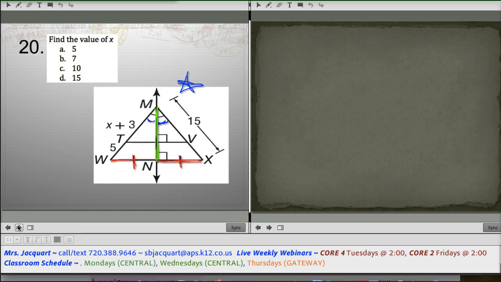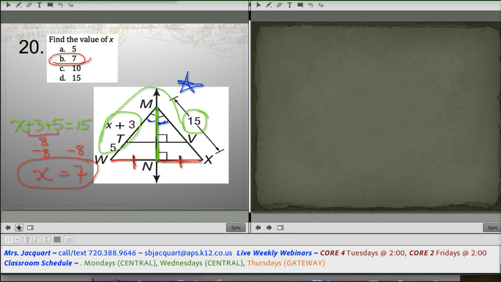So my 15 is going to equal that whole thing. So x plus 3 plus 5 equals 15. This is 8, so let's subtract 8 from both sides. So then x equals 7. And that's what we get.